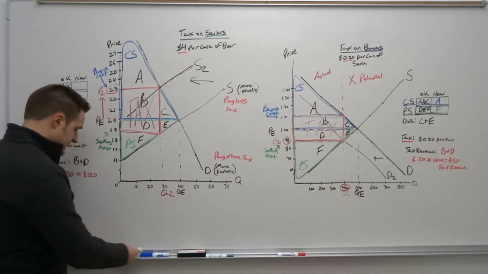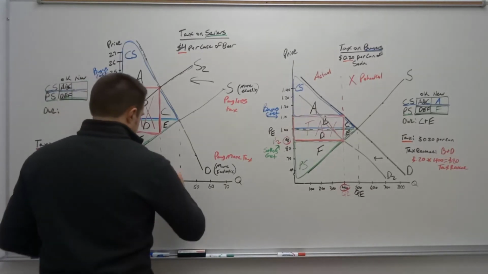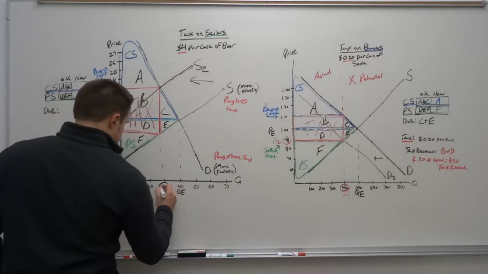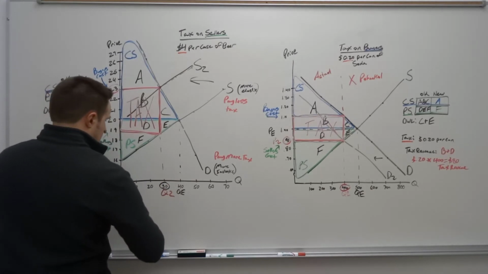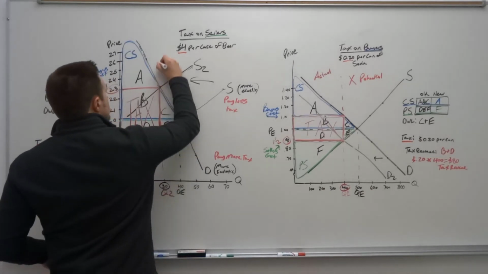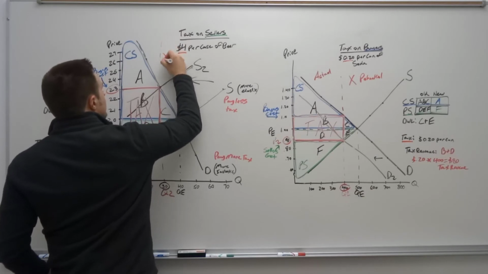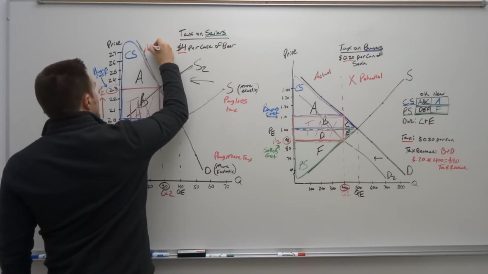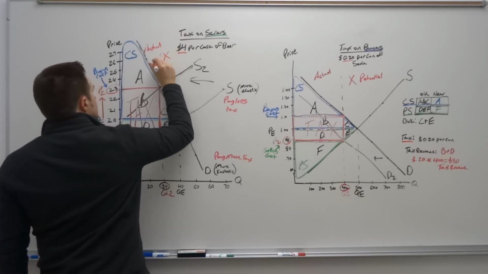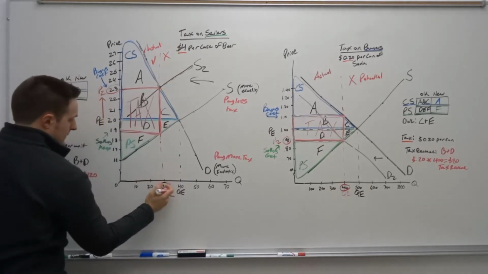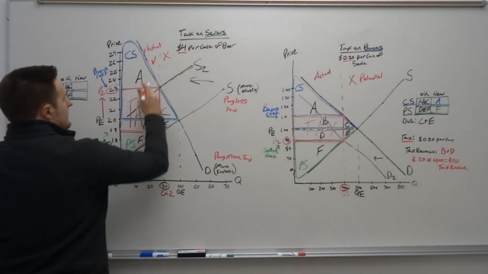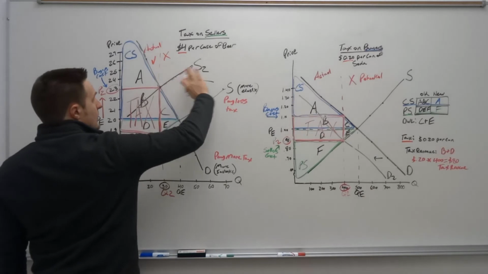One of the last things that we want to do here is note our deadweight loss. Because our new quantity is at 30, everything to the right of 30 gets cut off. Okay, so this is our actual market. Everything to the left of 30, that is happening. But everything to the right gets cut off.